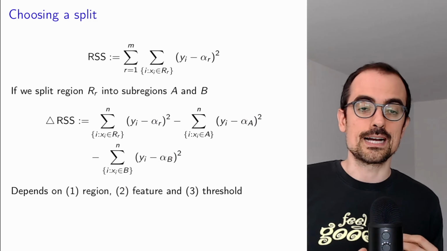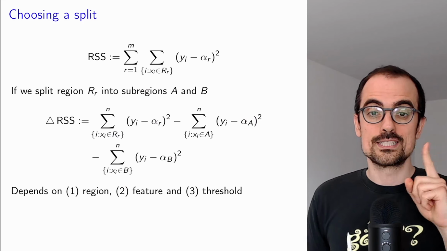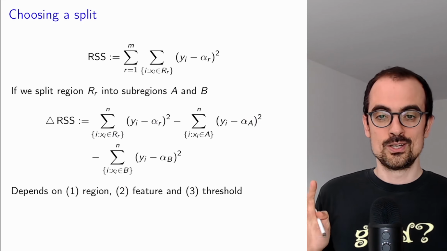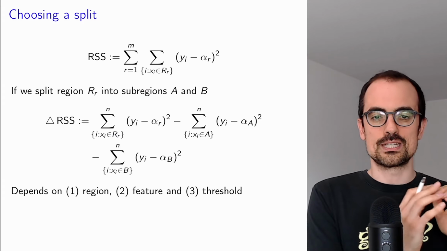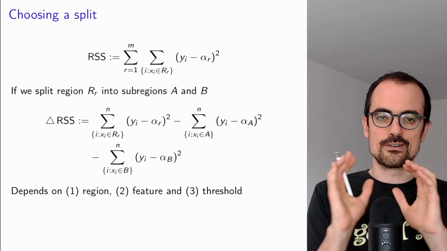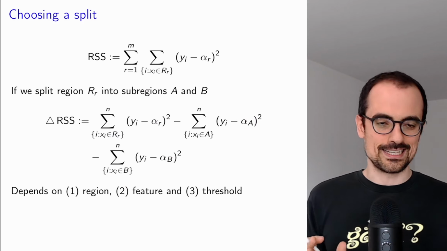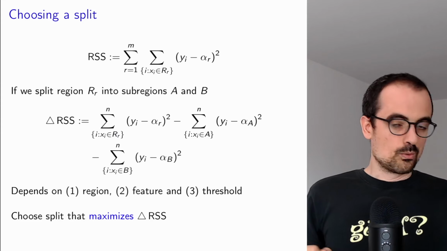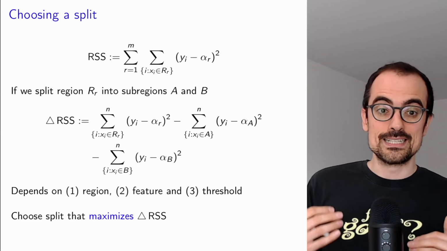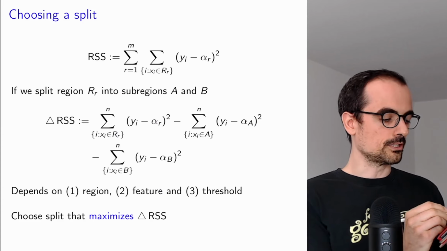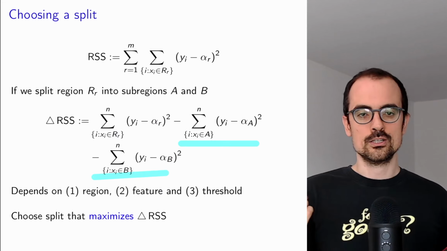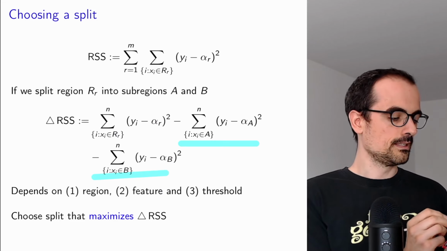But because we're just considering one split, this is tractable. We can compute all the possible values of this change in residual sum of squares for each region, feature, and threshold. And let me show you exactly how we do that. We're going to choose, obviously, the split that maximizes this because we want the residual sum of squares to decrease as much as possible. We want the new one to be much smaller than the old one.